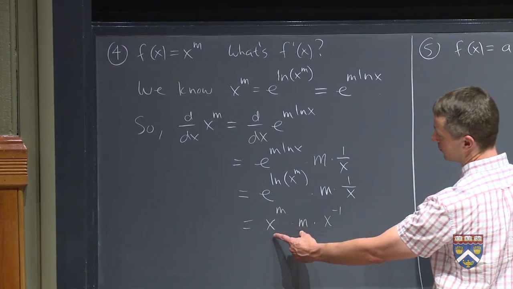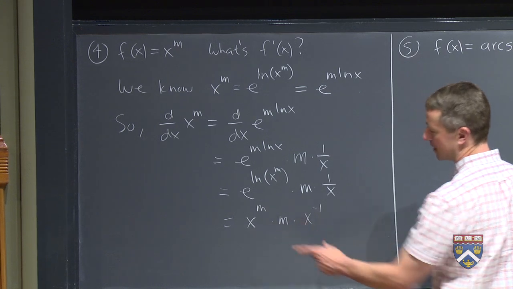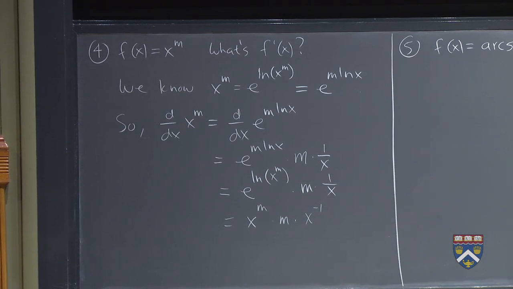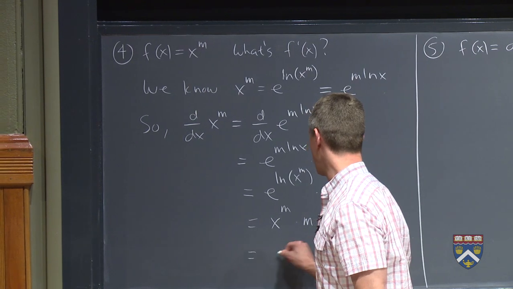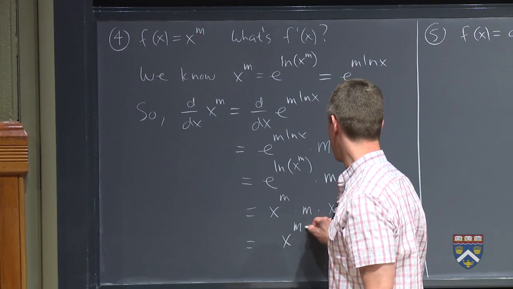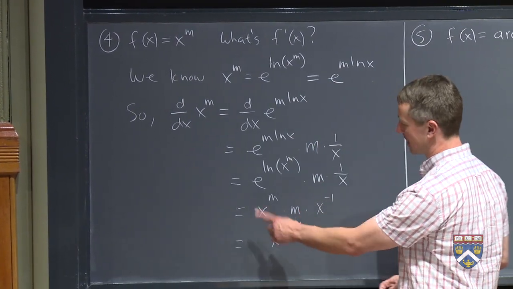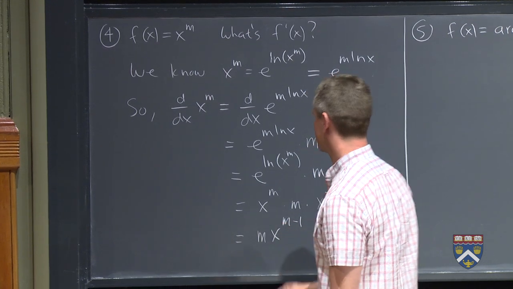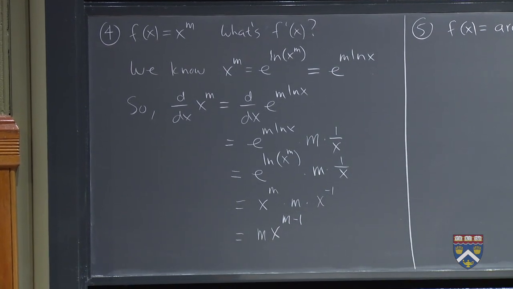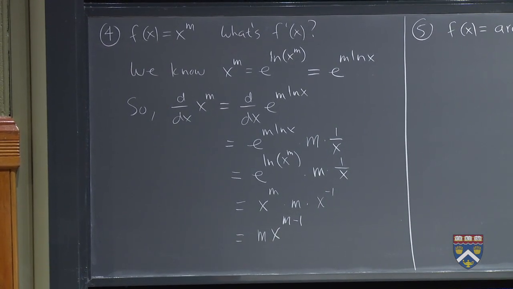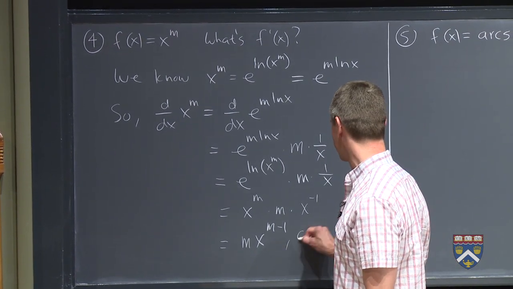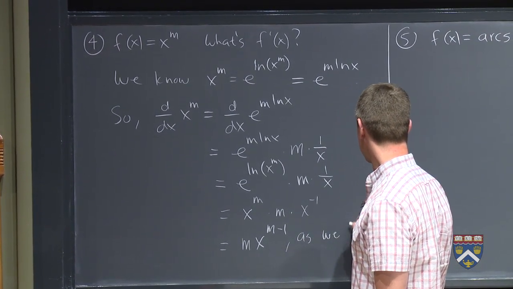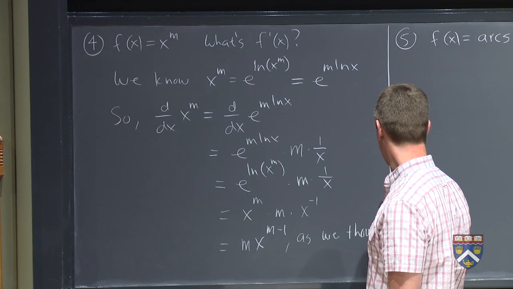And what does our exponent rule say we're supposed to do with x to the m times x to the negative 1? We're supposed to add the exponents. So that will become x to the m minus 1. And then if I rearrange this term by writing the m out front, there it is. That's our power rule from last week, except now we've got it for all real numbers. So as we thought last week.